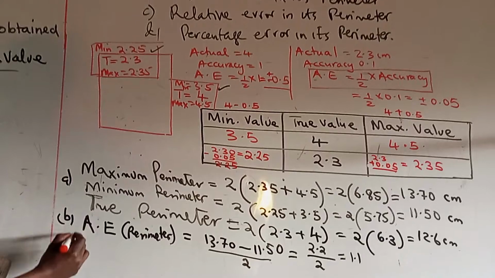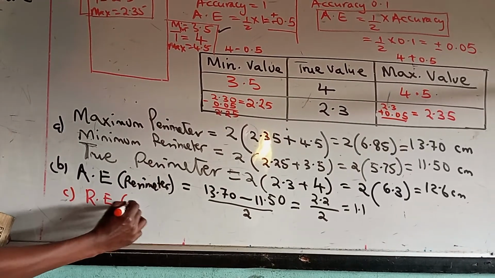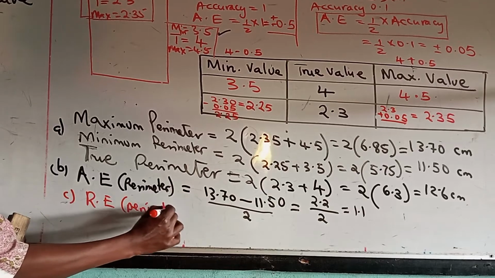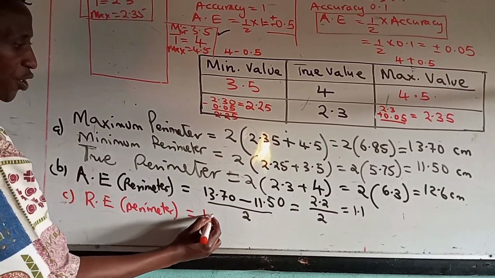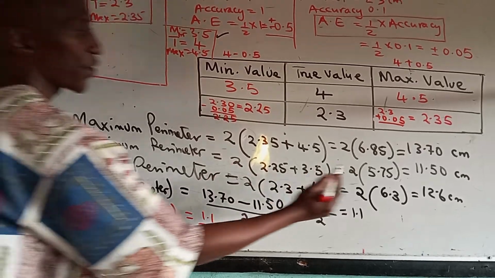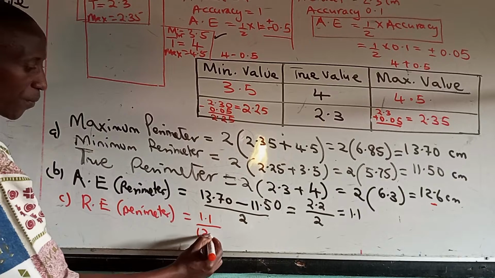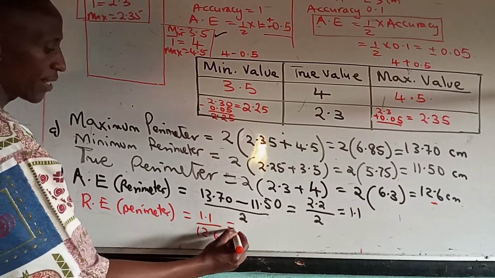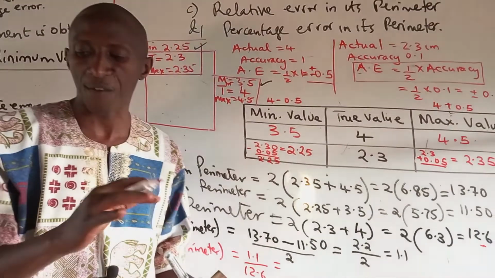So the part C, relative error in the perimeter, will be obtained from the absolute error 1.1 all over the true value. The true value, we found it to be here, 12.6. And we compute that, and if possible, express it as a fraction.